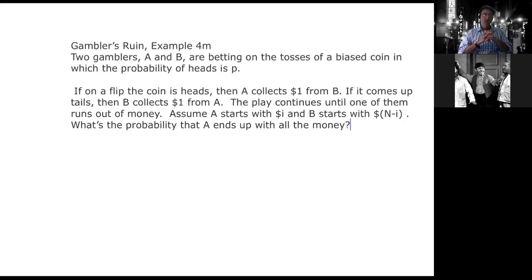If on a flip the coin is heads, A wins and collects $1 from B. If it comes up tails, then B collects $1 from A. The play continues until one of them runs out of money. Assume A starts with i dollars and B starts with, say, N minus i dollars, so the total number of dollars in the game is N. What is the probability that A ends up with all the money? So that's the gambler's ruin problem. And I'm going to formulate it right now, mathematically.